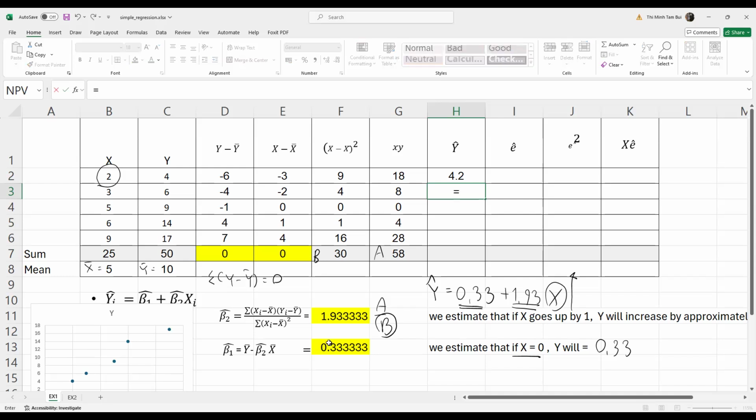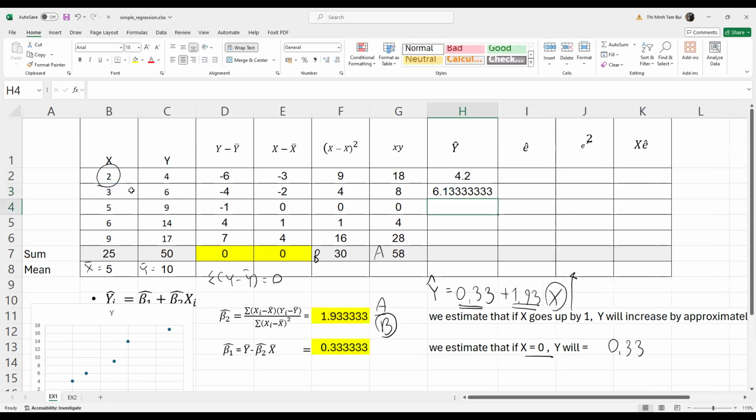Equal intercept plus the slope multiplied by X. Do it 5 times.